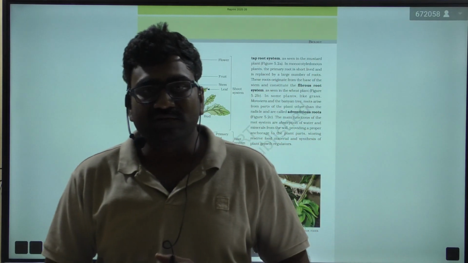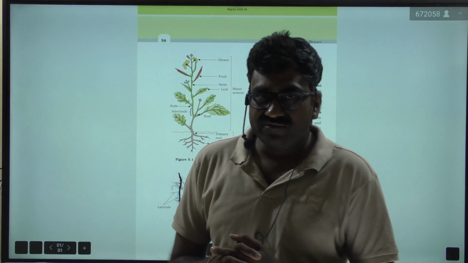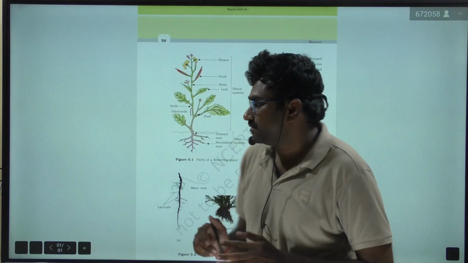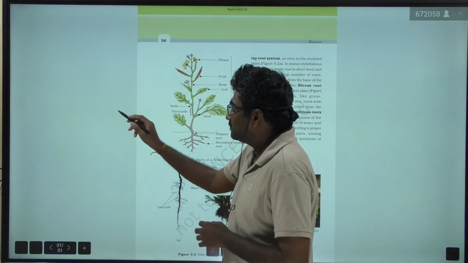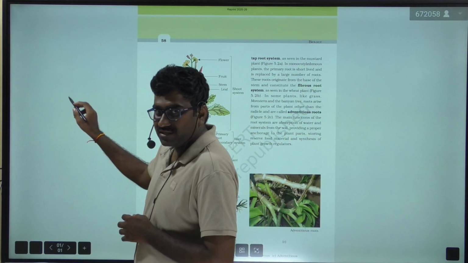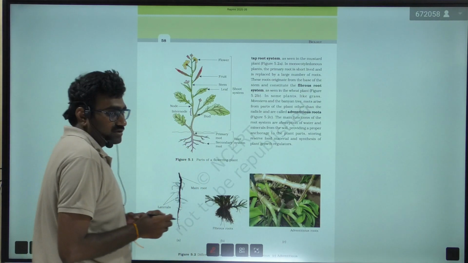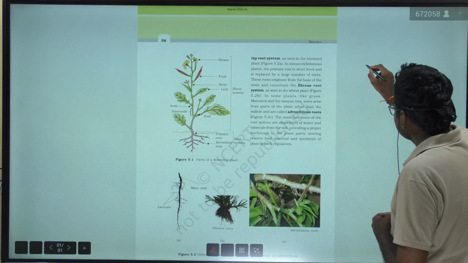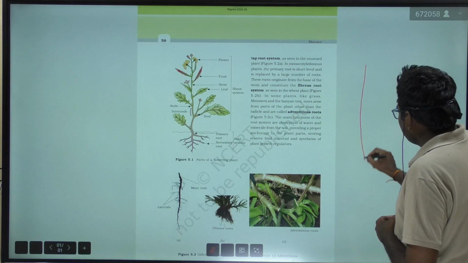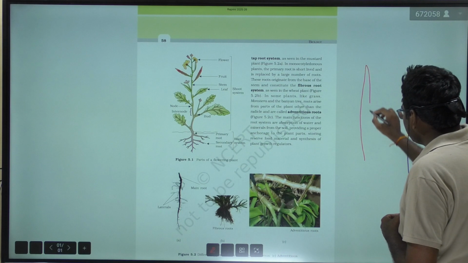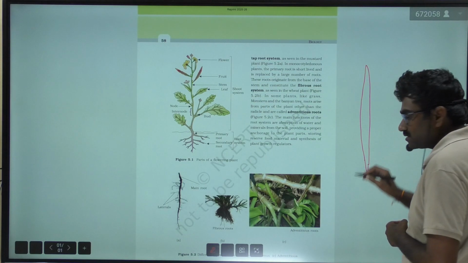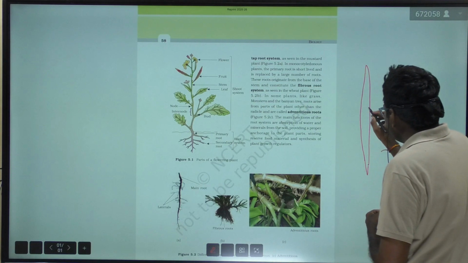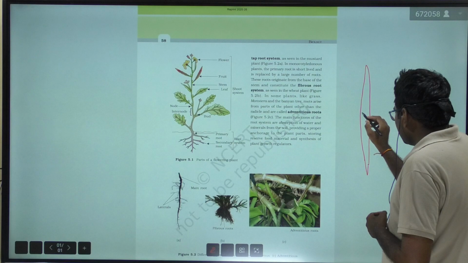How is the root developed? The root is developed from the radicle of the embryo. If you take a dicot embryo, this is the embryonal axis, and there is a tigellum.